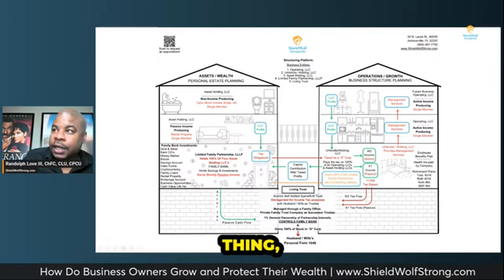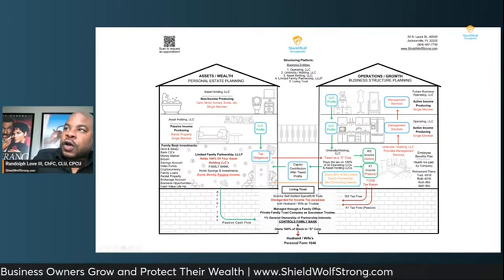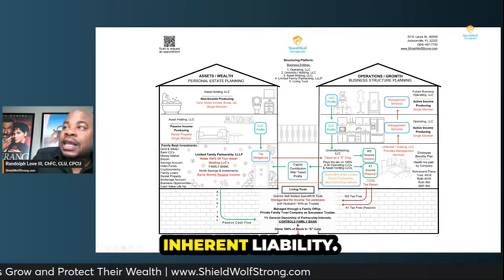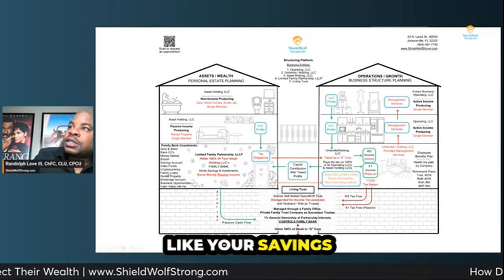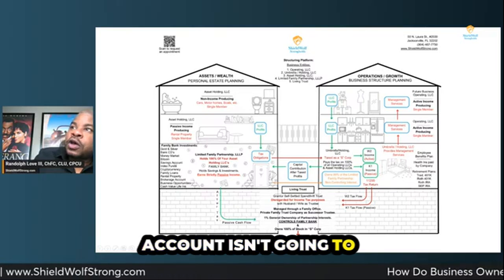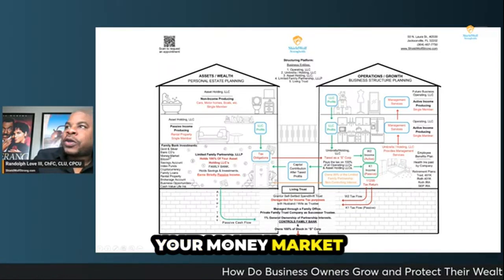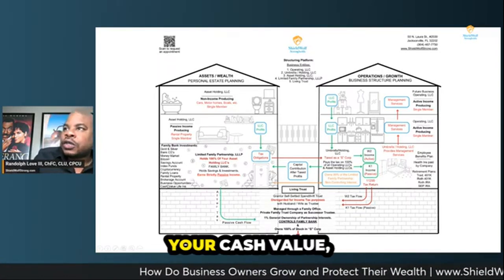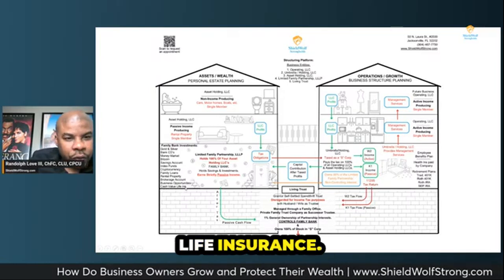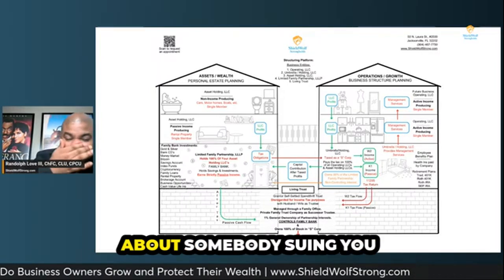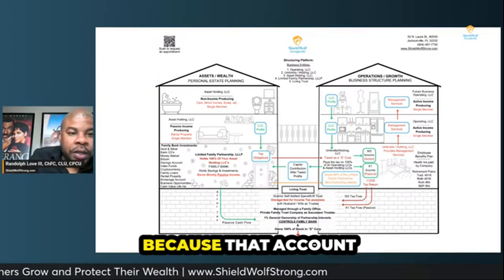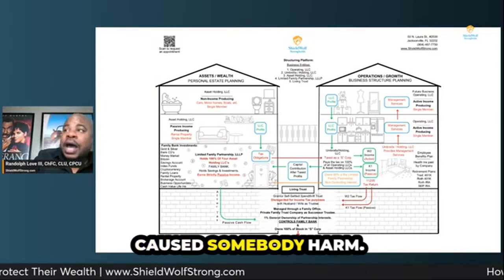Because here's the thing, there are a lot of things that you're going to own that have no inherent liability. Like your savings account isn't going to hit somebody with their car. Your Bitcoin account, your money market account, your bank CDs, your cash value life insurance. You don't have to worry about somebody suing you because that account caused somebody harm.